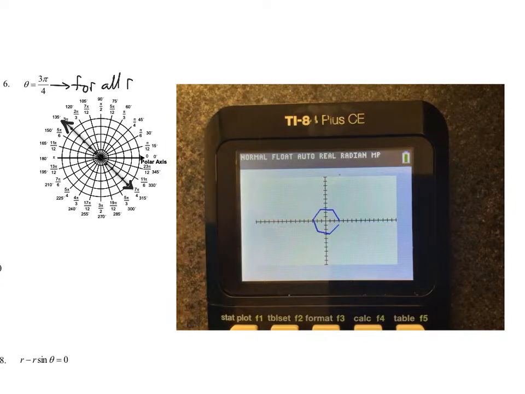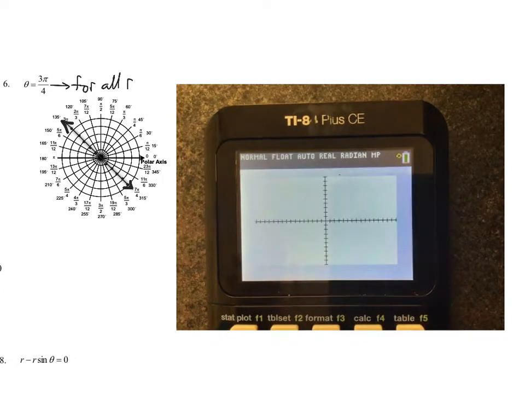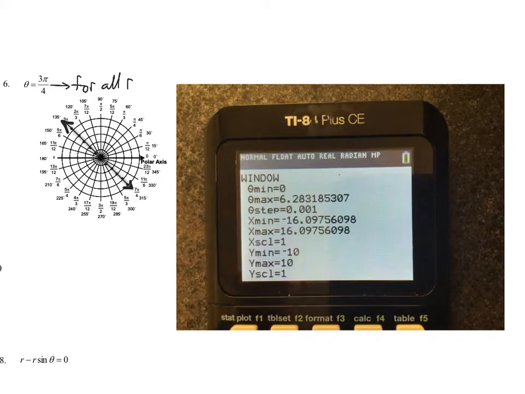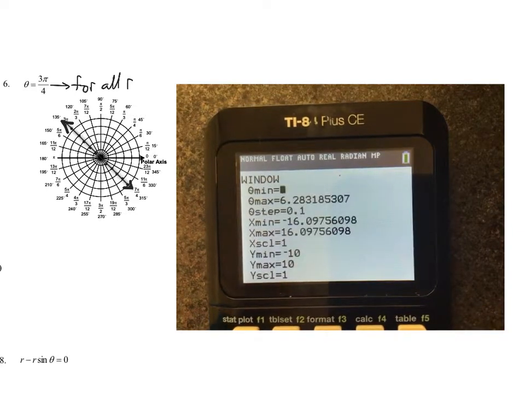If I make it too small, it takes forever to graph. It gets there, but it takes a while. Hit on to interrupt if you get into that jam. So a 0.1 is usually a pretty good way to go. It's a combination of accuracy and speed, so efficiency by definition.